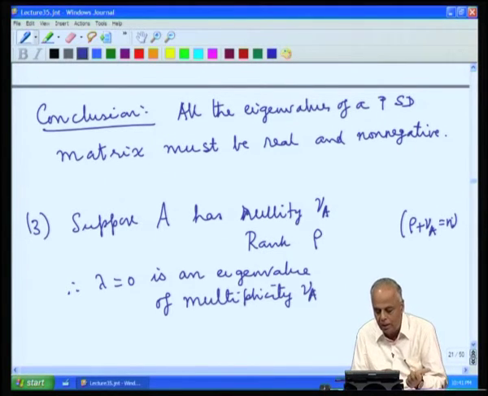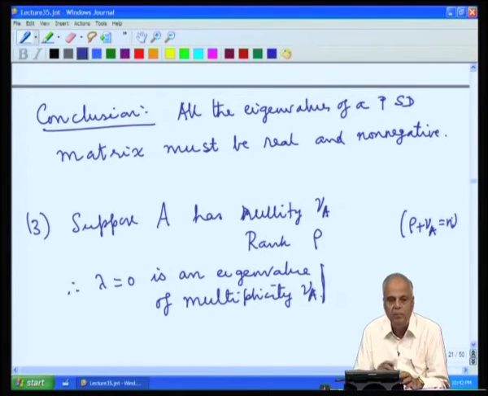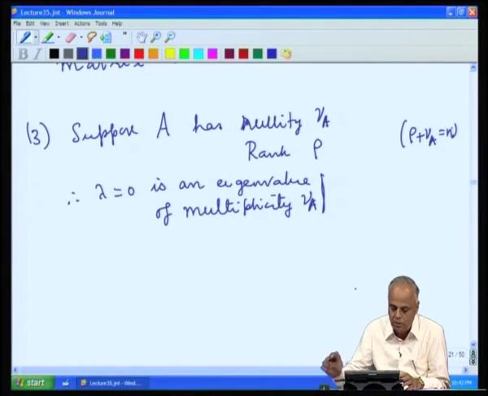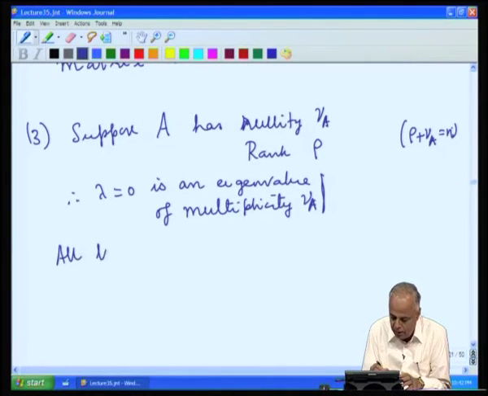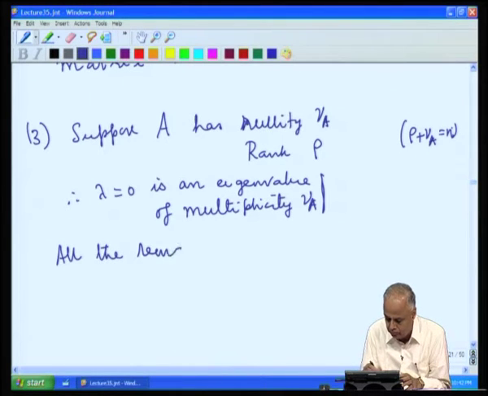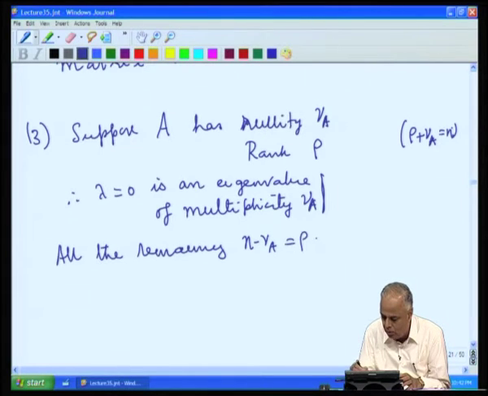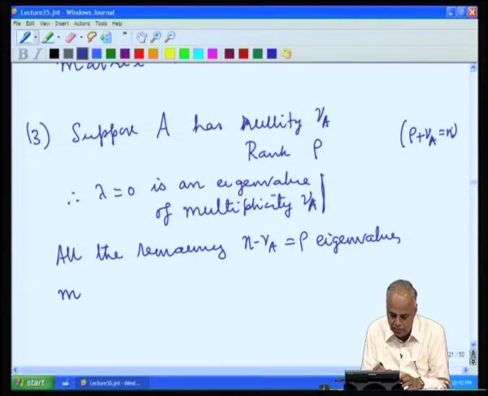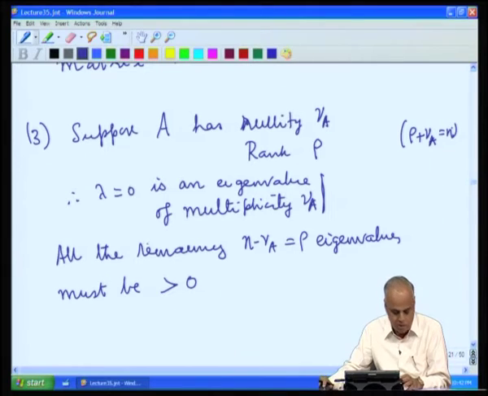We require n minus nu A eigenvalues, which is equal to rho eigenvalues, and since all the eigenvalues are greater than or equal to 0 and 0 has been taken care of, all the remaining n minus nu A, equal to rho, eigenvalues must be strictly positive.